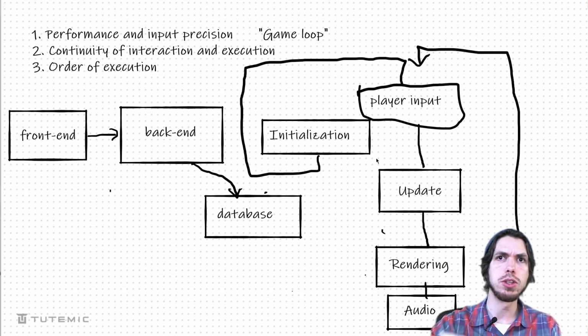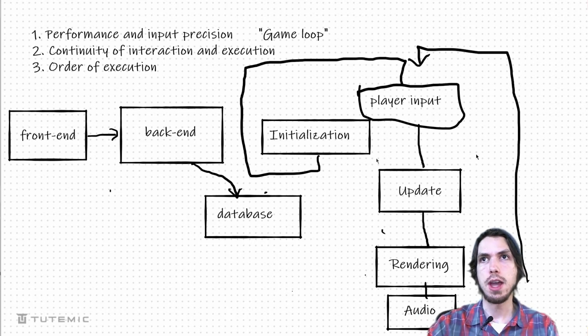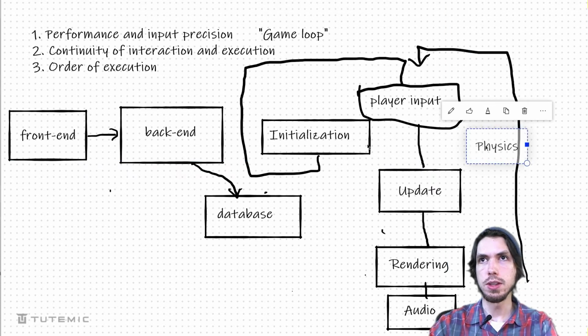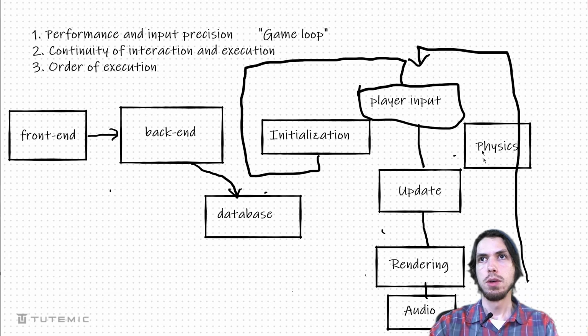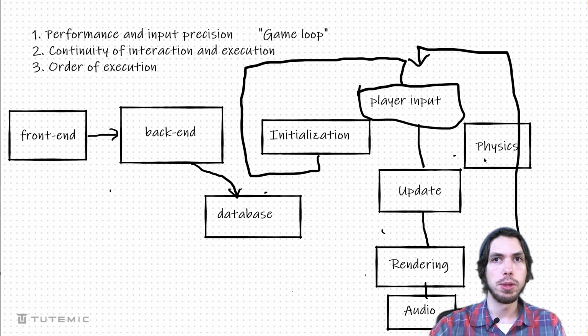So you want to make sure that you're registering input first, but that's not the only example, right? There's also stuff like physics, right? So physics, where does physics happen, right? So where are you checking to see if an object is colliding with another object? And so physics isn't something that's necessarily exactly congruent with everything else, but it's important to consider, because if the physics isn't happening in the order that is expected, then the player might fall through the ground, or you might be able to walk through a wall or something like that, or you try to perform an action and it didn't quite happen the way that the player expected.